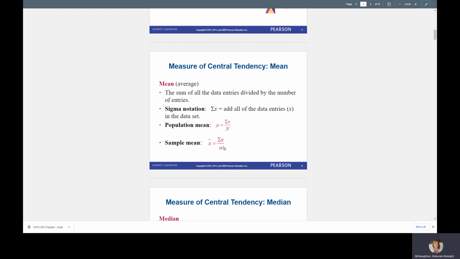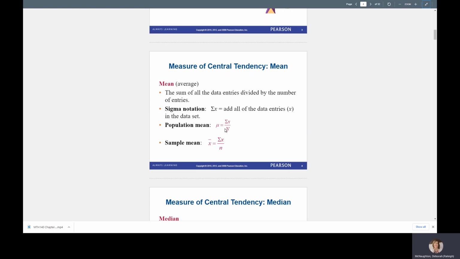For the sample, we pronounce this x bar, because there's a bar on top of the x. X bar is the sum of those data values divided by the total number in the sample. We always represent the sample size, the number in the sample, by a lowercase n.